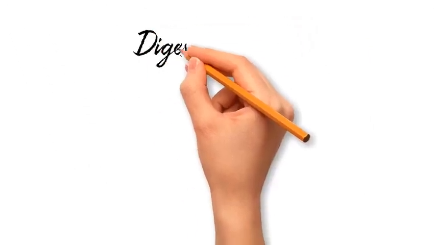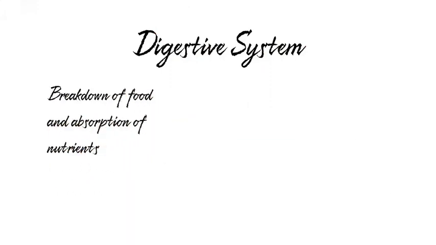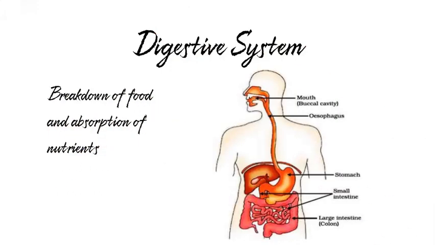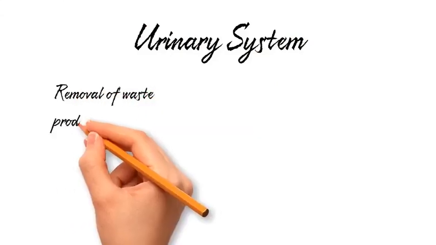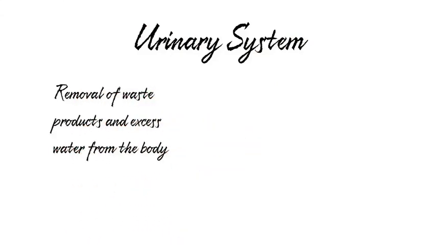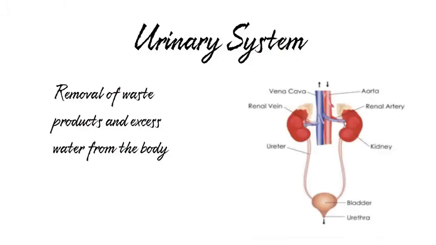The digestive system is responsible for breaking down food and absorbing nutrients. It includes the mouth, esophagus, stomach, small intestine, and large intestine. The urinary system is responsible for removing waste products and excess water from the body. It includes the kidneys, ureters, bladder, and urethra.